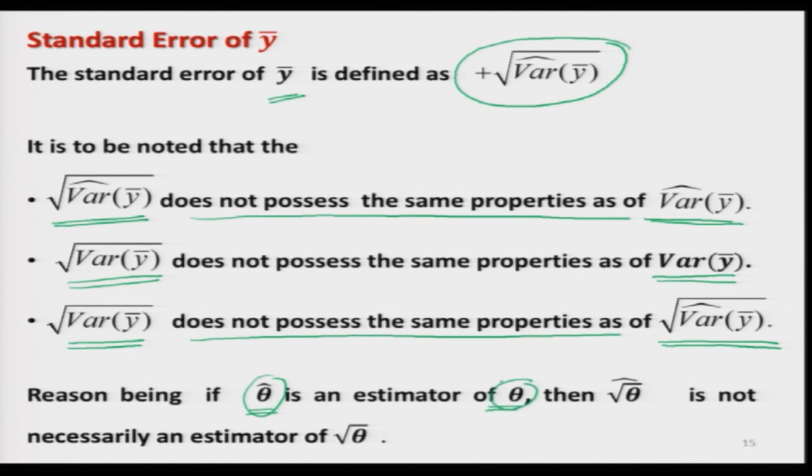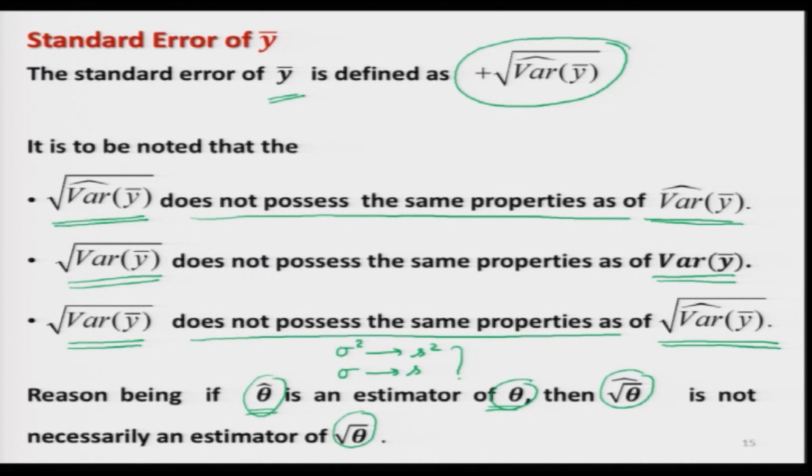Now, in case you want to estimate the square root of theta, it is not necessarily always possible that the estimate of the square root of theta is going to be the square root of theta hat. This means in case you are trying to estimate sigma square by s square, it does not necessarily mean that sigma can be estimated by s.